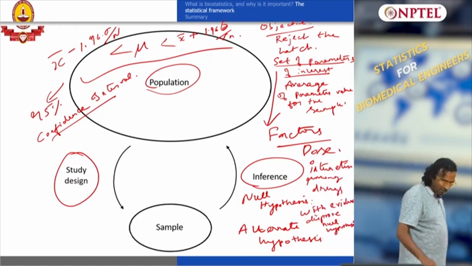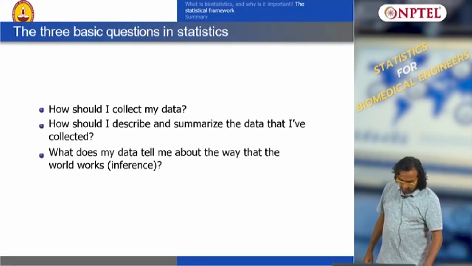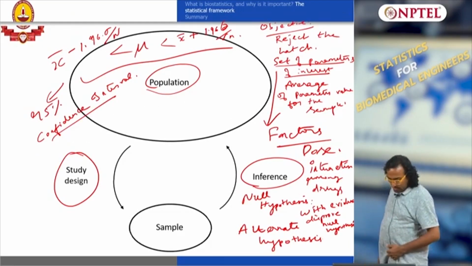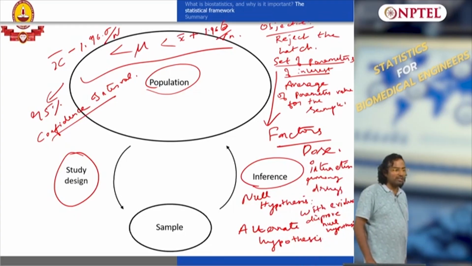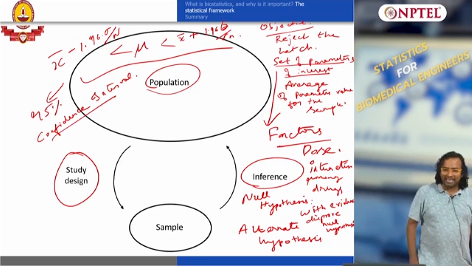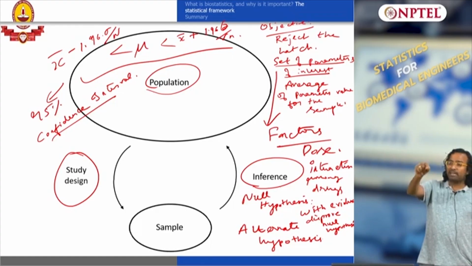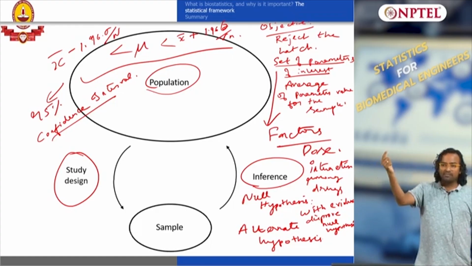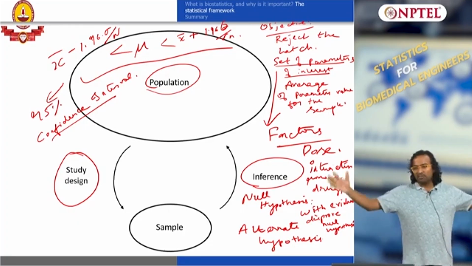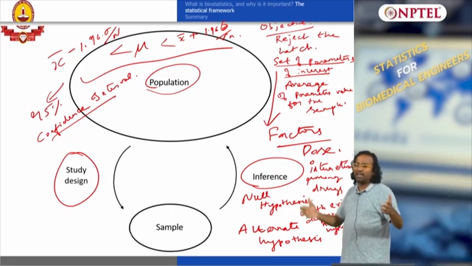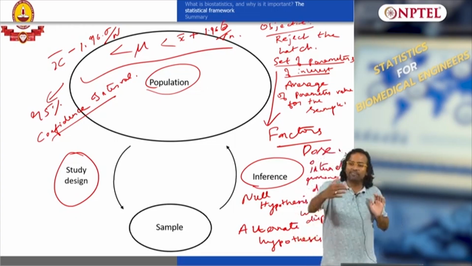So the overall flow is, you have a population, you make a study design, you have a sample, and then you start inferencing using statistics. Then why do we call it statistics? Remember, we have a vector of parameters, but that parameter set is for one entry in a sample. Now your sample size could be n, a large number, let us say 10,000 or 100,000, and for each entity you will have 10 parameters.